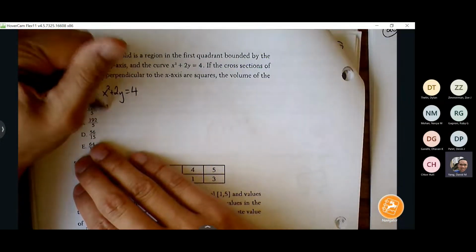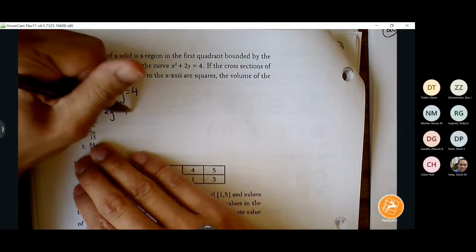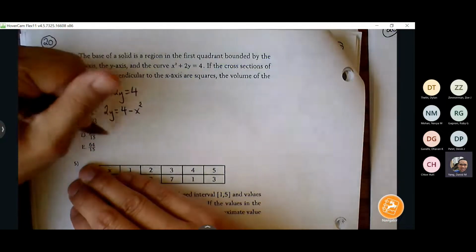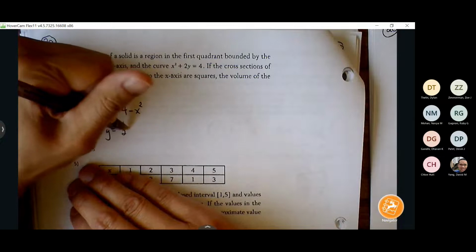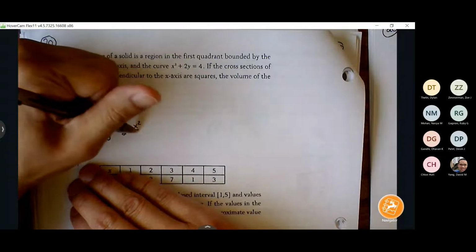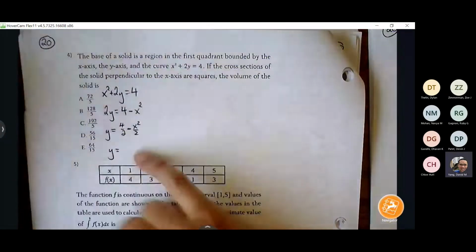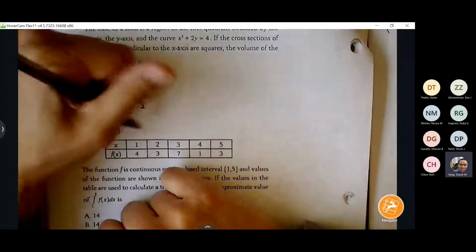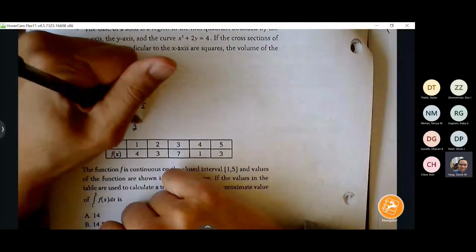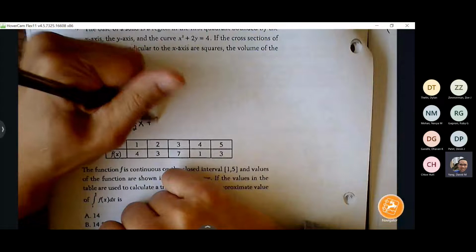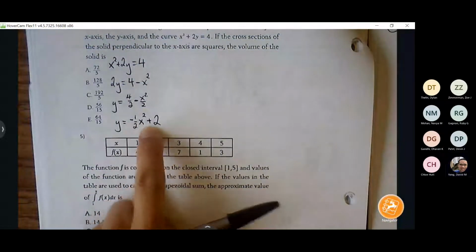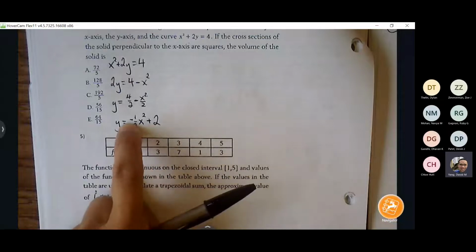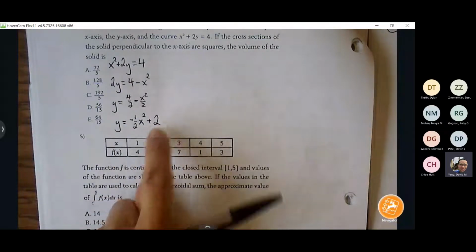Subtract x squared from both sides. Divide both sides by 2. Okay, rearrange it. I can pull that -1/2 in front. Just feels more recognizable if I write it this way. So this is really a parabola, x squared, that opens down with a y-intercept of 2.